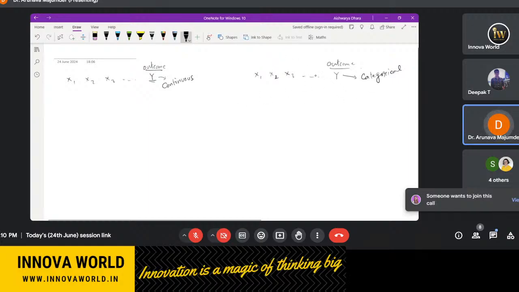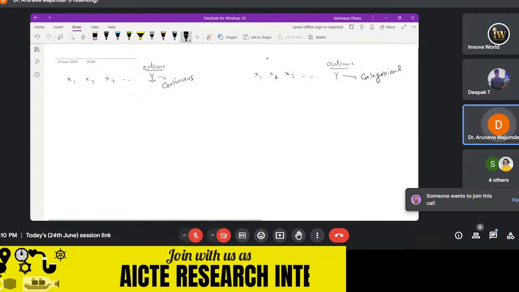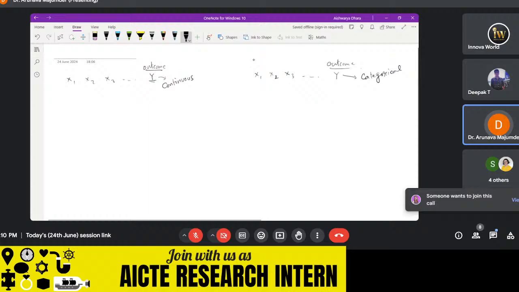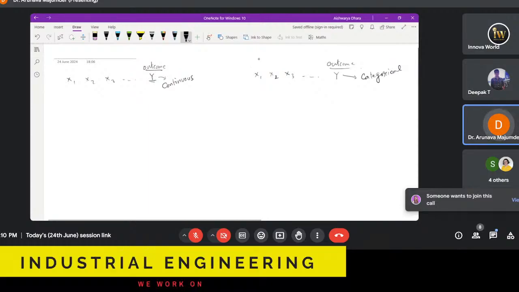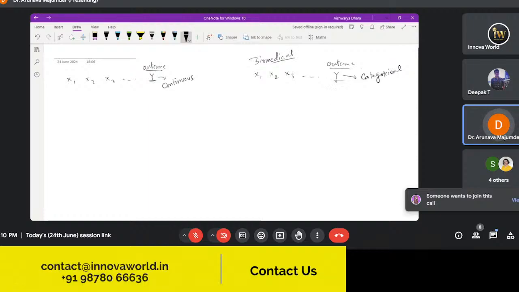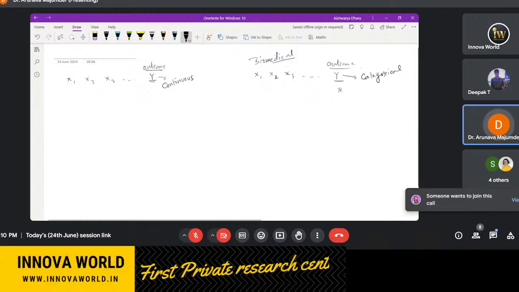In categorical data sets, the examples are those who have got the data set of biomedical engineering. In case of biomedical data sets, this Y variable is categorical. Let us suppose only yes or no. Yes, no, yes, yes, like this.